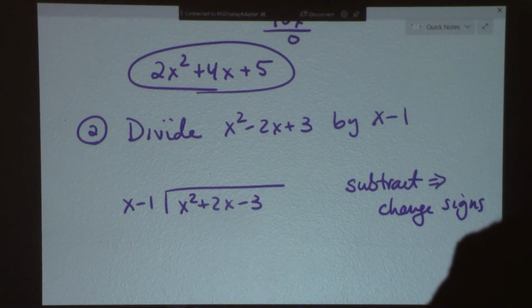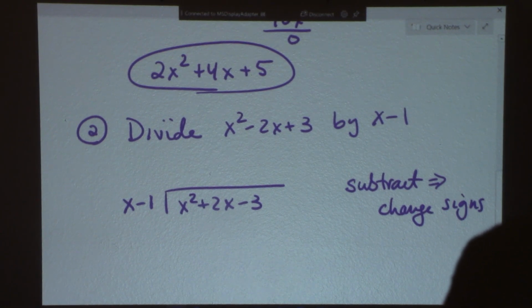So, now I have two terms here. So x minus 1 doesn't go into just x squared. X does, but I don't just have x anymore. I have x minus 1. So I have to look at the second term. What do I multiply x minus 1 to get as close as possible to x squared plus 2x as I can?